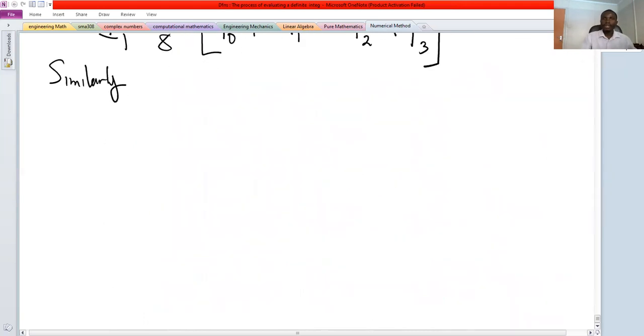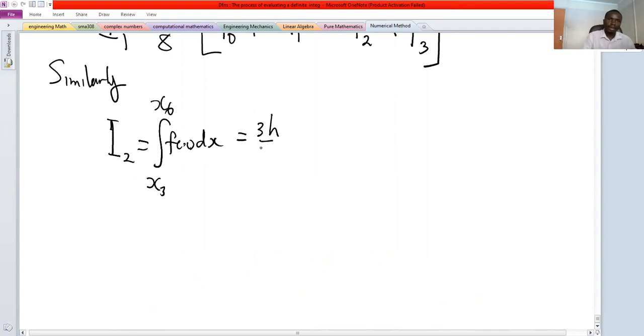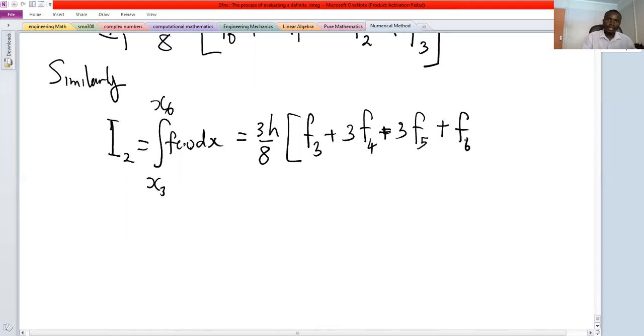Similarly, we can define I2 as the integral from x3 to x6 of f of x dx, and that will give you 3h over 8 into f3 plus 3f4 plus 3f5 plus f6.